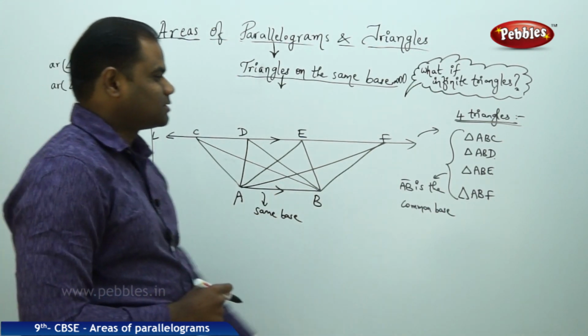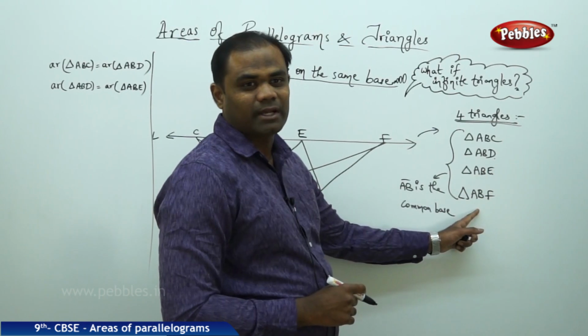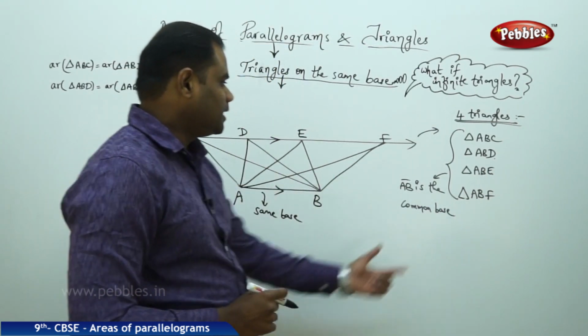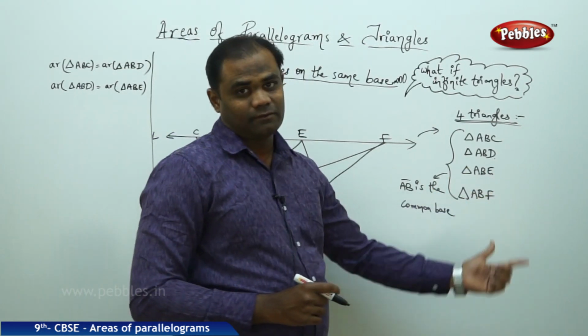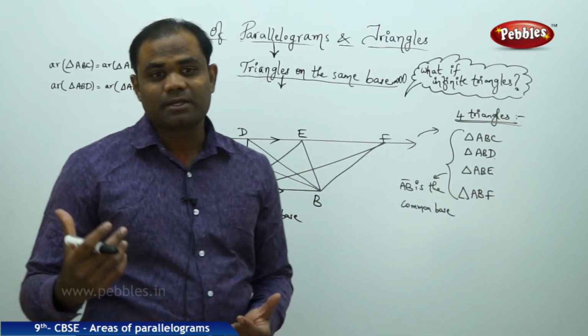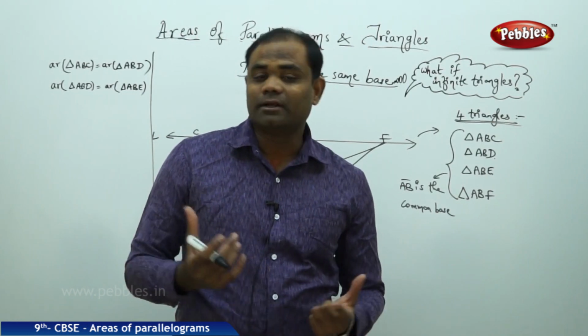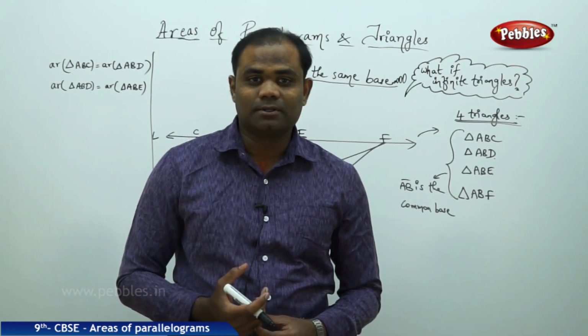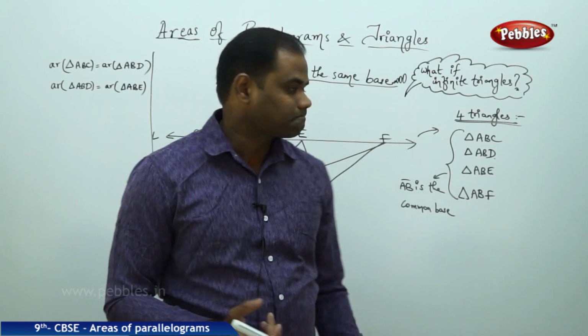Next, since these 2 triangles are on the same base and between the same parallels, ABE and ABF must have equal areas, as discussed in the previous session.